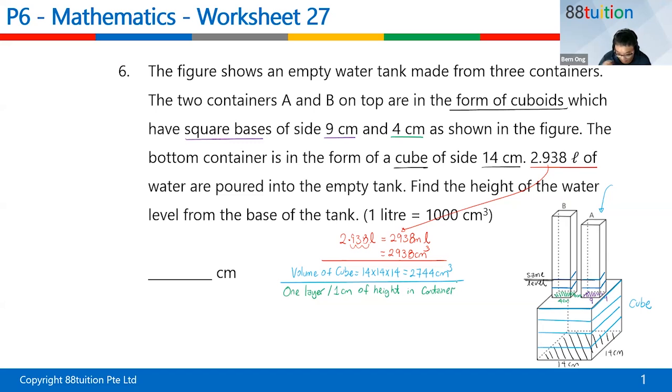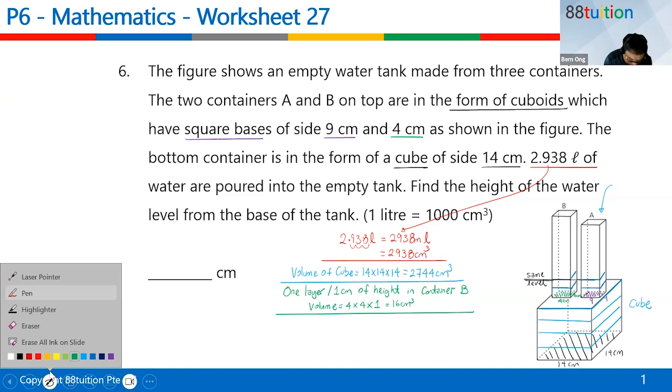One layer or 1 cm of height in container B will give you a volume of what? So the base area is 4 times 4, times 1 cm, which will eventually be 16 cm cube. There's 1 cm worth of water, 1 cm worth of height. So it will have 16 cm cube.